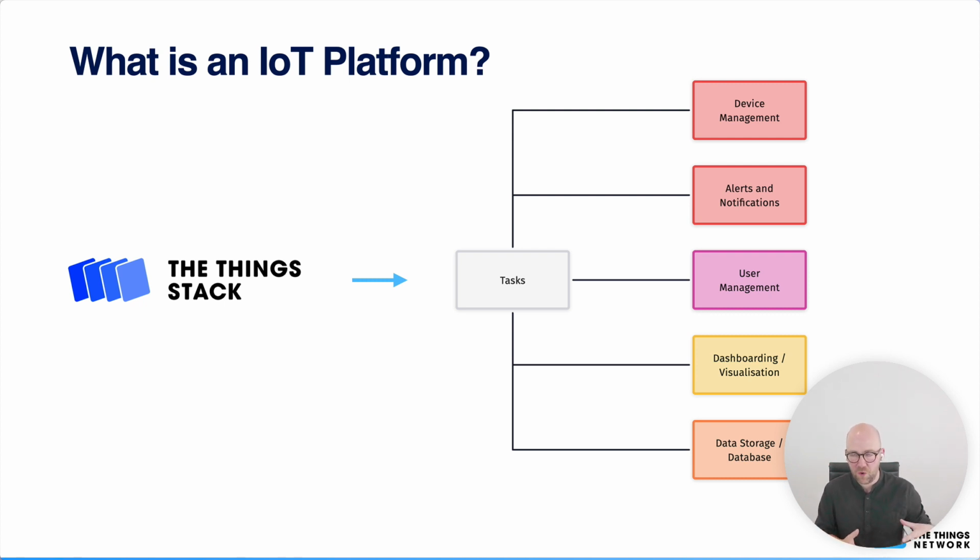So if you want to record data and historically see the development of temperatures, machine statuses, and so on, you need data storage. And an IoT platform combines all these elements into a single package, and it makes a user-friendly integration for devices.